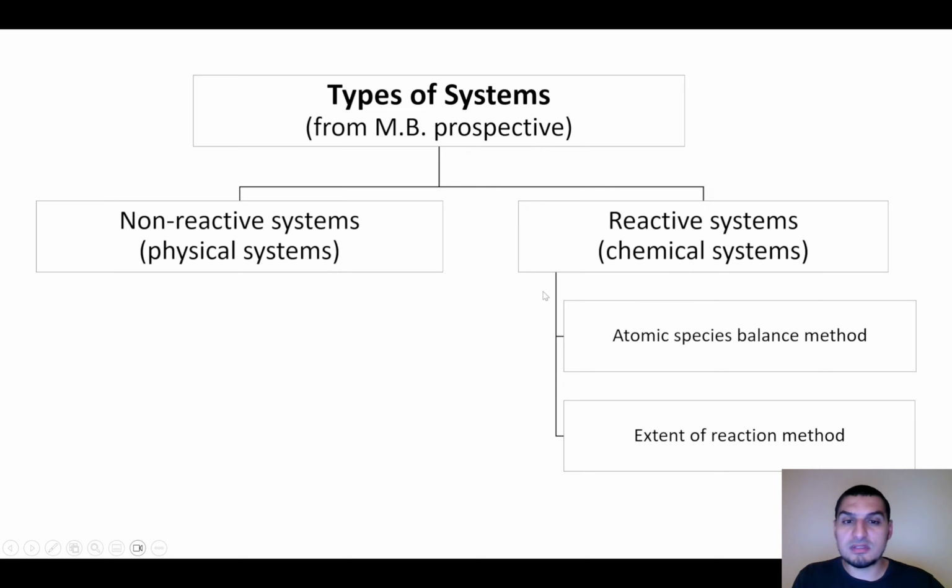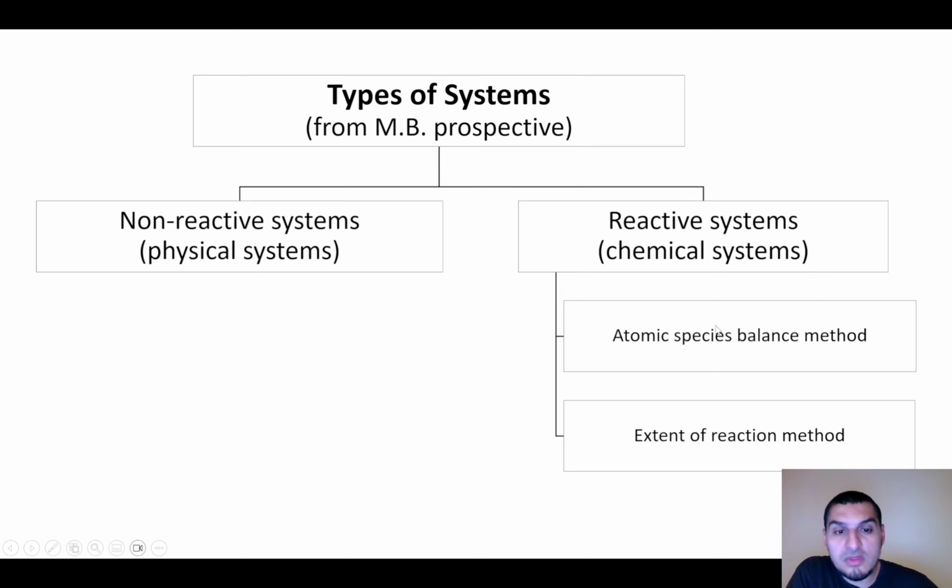Since we have a different way of doing the calculations, this also affects the degrees of freedom analysis, and this is what we saw in the case of the atomic species balance. We saw that the degrees of freedom is different, and the difference was in the way we calculate the number of equations, which is the number of atomic species. And we will see that in the extent of reaction method, the difference is going to be in the number of variables, which is also because the way we do the calculations includes the extent of reactions.